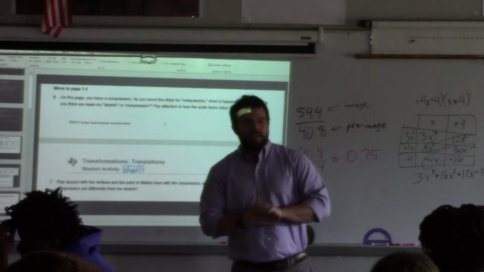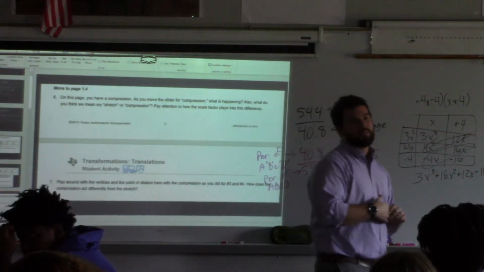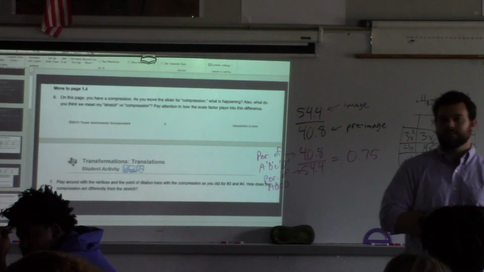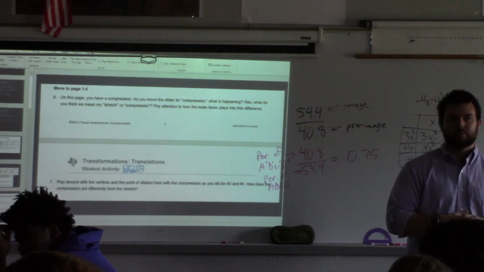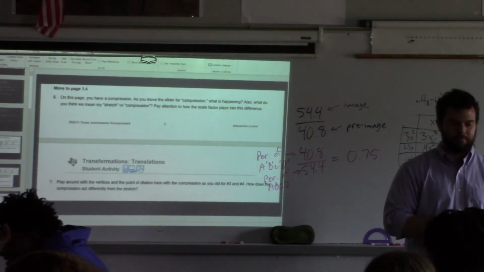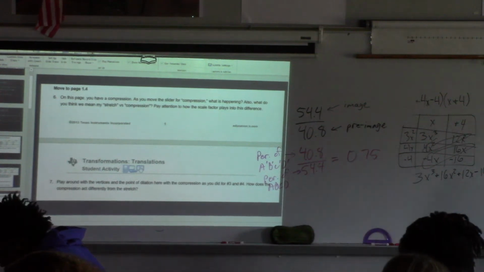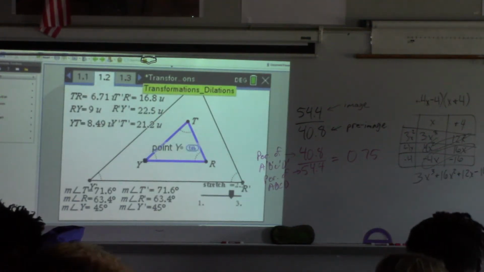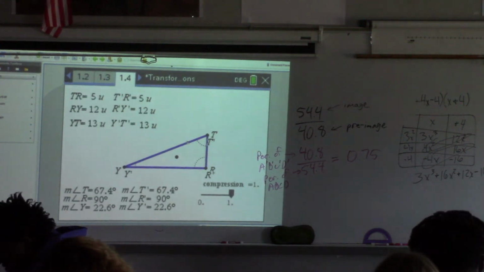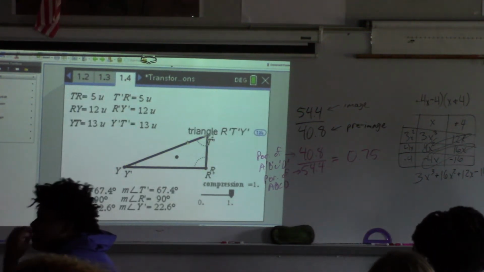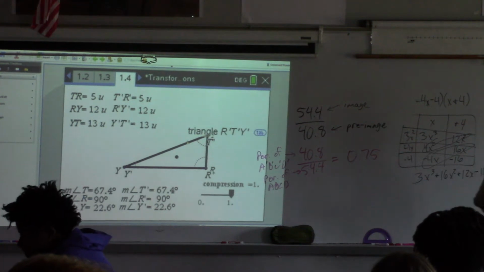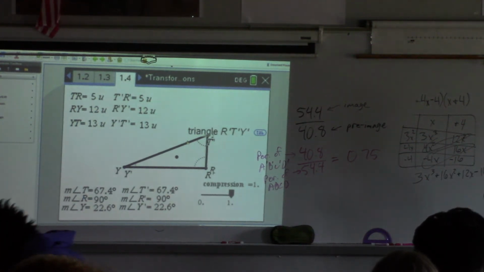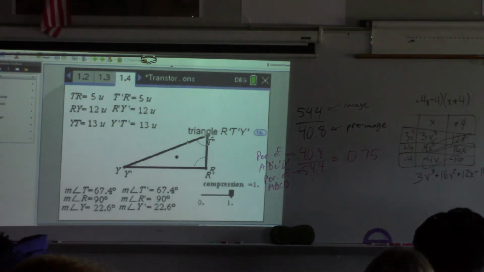When the image is smaller than the pre-image, what is that called? Compression. Are we good with that? All right. From there, I do want to show you a couple of key details. Here is TRY and T prime, R prime, Y prime, and we are looking at a compression.